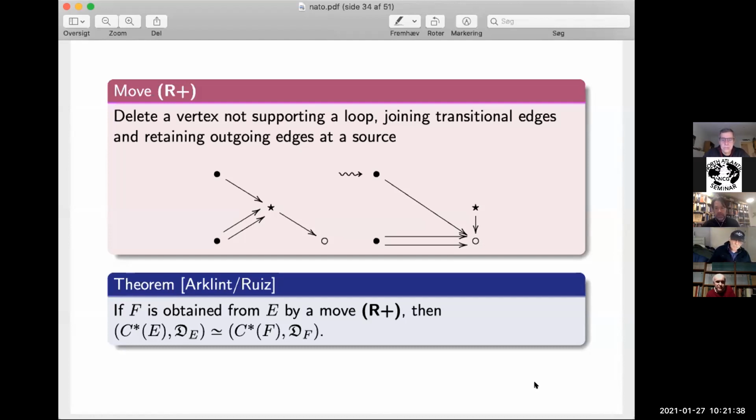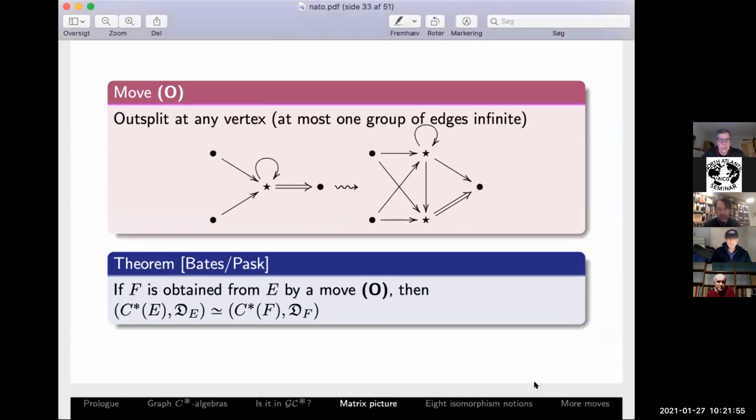Can you give us a hint about how these maps look? Yeah. Essentially, before and after you do these outsplits, if you do the outsplitting, which I think is the one that I can do best, you take the outgoing edges and you distribute them. They now sit on different vertices, and then you duplicate the incoming edges.